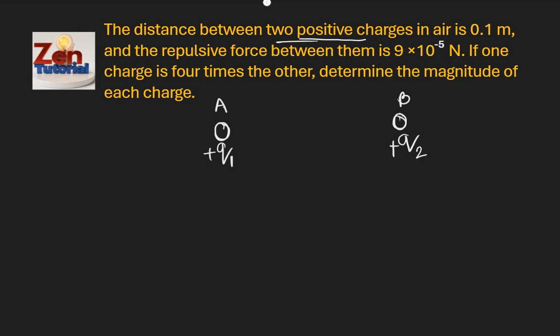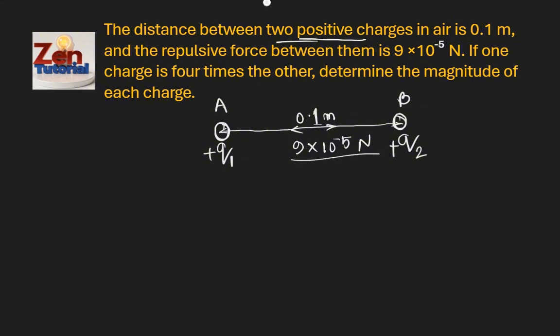Both are positive. They are separated by a distance of 0.1 meter. And as they both are positive charges, a repulsive force arises between these two charges, which is 9 into 10 to the power minus 5 Newton. The repulsive force is this one.